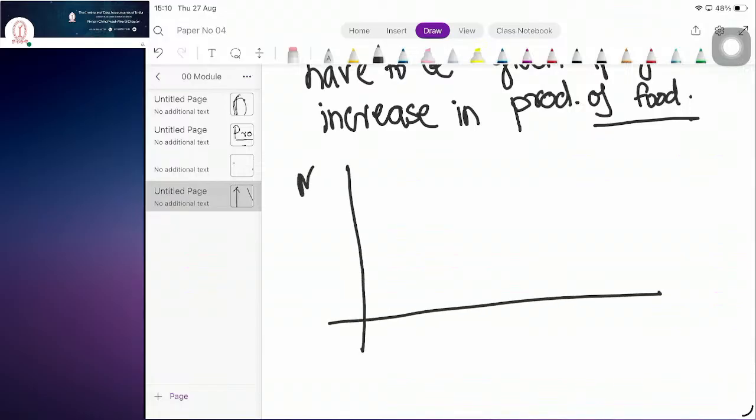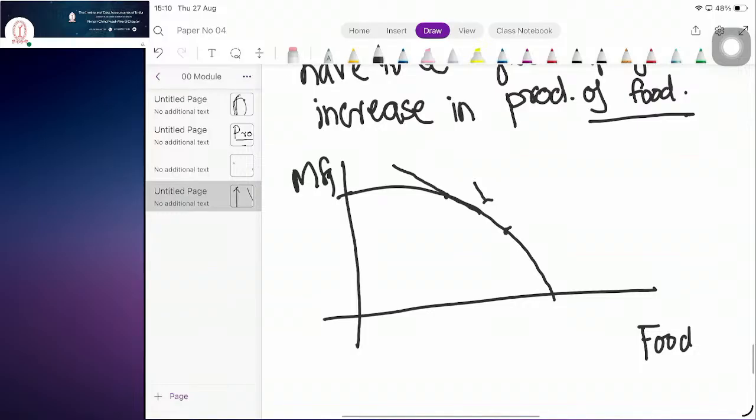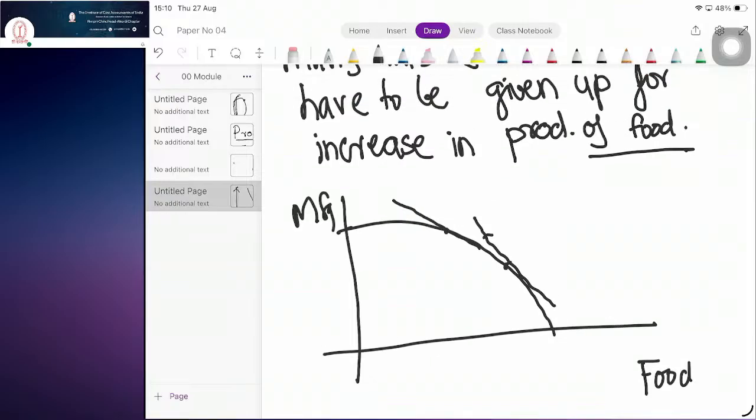This is manufactured goods and this is food. This is the curve. If I take this point and I want to increase, the slope of the tangent is showing the opportunity cost.